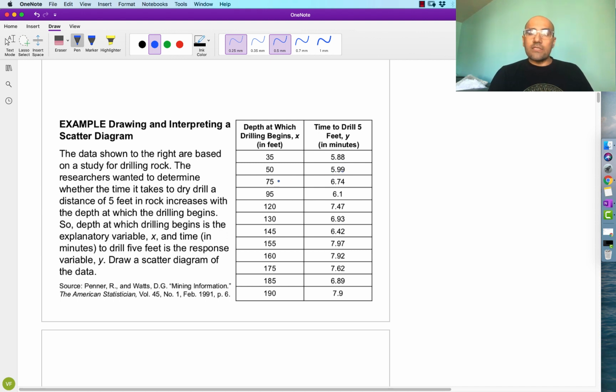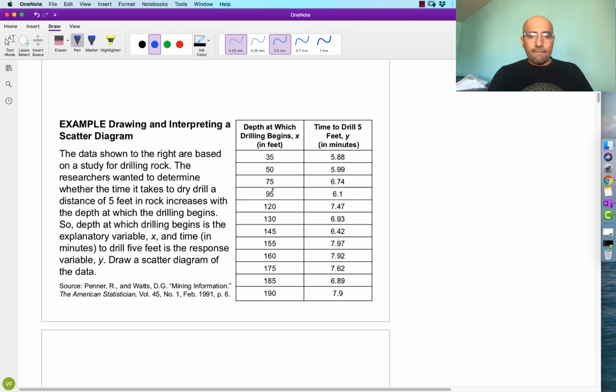So in general, the deeper you go into the earth, the harder the rocks are, the more difficult it is to drill. So in general, we see a pattern that the deeper you go, the longer it takes to drill 5 feet. This is sort of the guideline, but that's not always true.